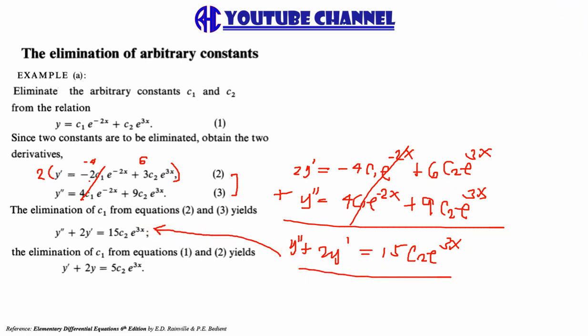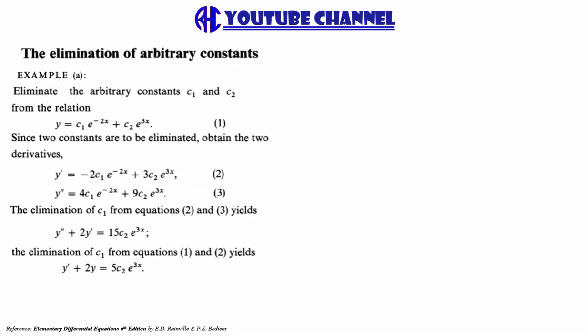Okay, paano naman kapag solve natin yung equation 1 and 2 na dapat itong maging resulta? Simply, check natin kung anong dapat i-multiply natin para ma-cancel out yung C1. Ito, negative 2. So, dapat mag-multiply tayo dito ng positive 2.